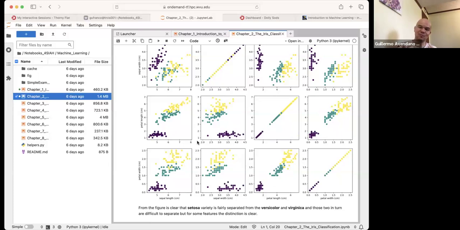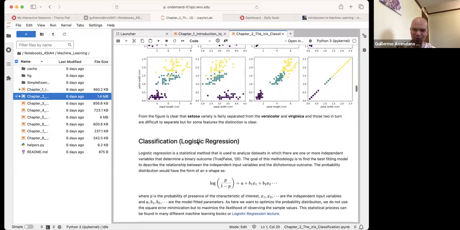One, to raise our awareness of the existence of patterns, so that it raises our hope of getting the job done. And eventually to get an idea if there are some outliers, and how important it will be to incorporate an outlier detector as part of our procedure in the machine learning process. So those are the main purposes.